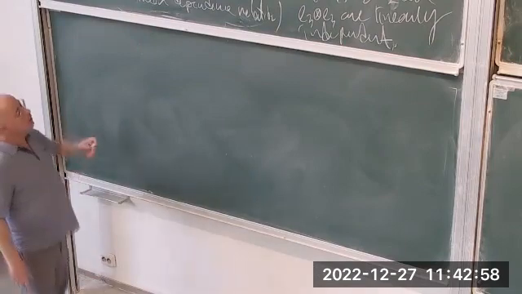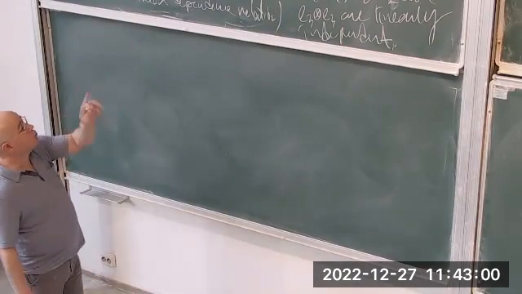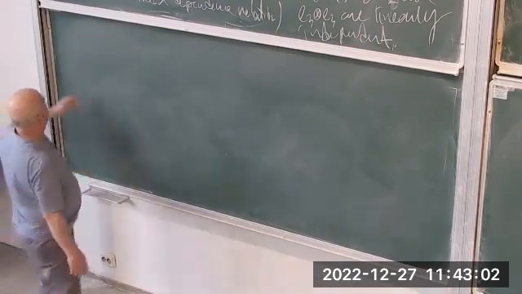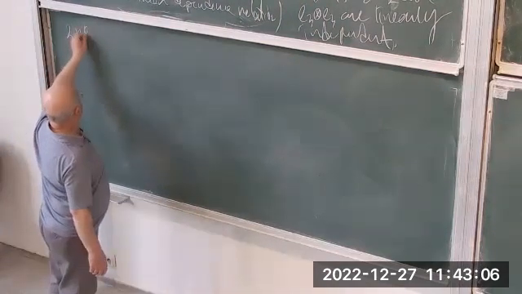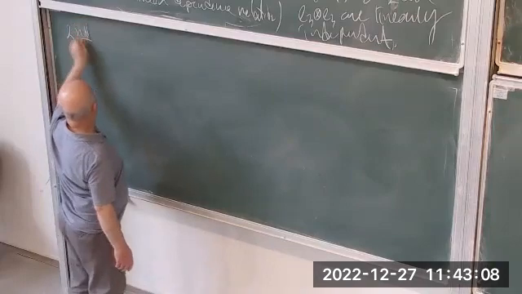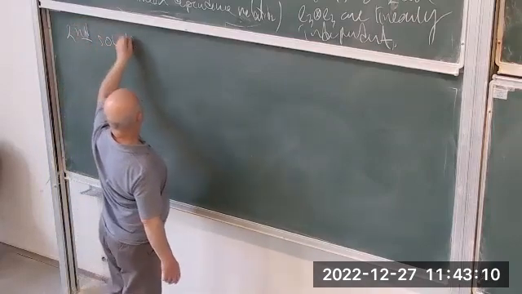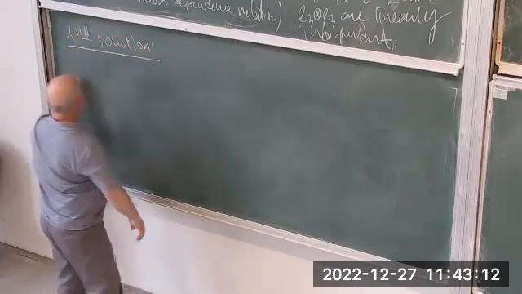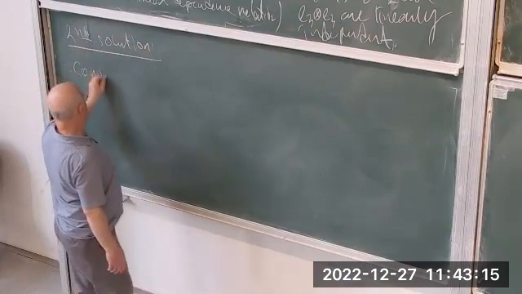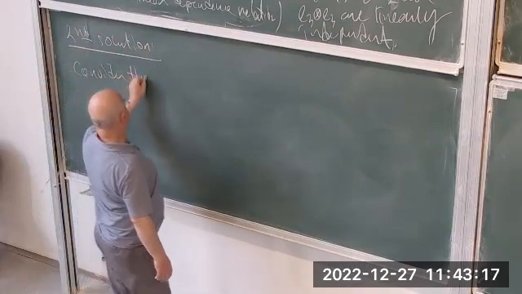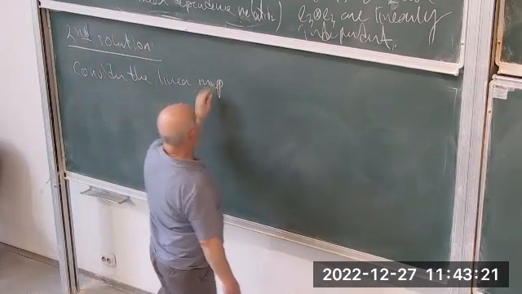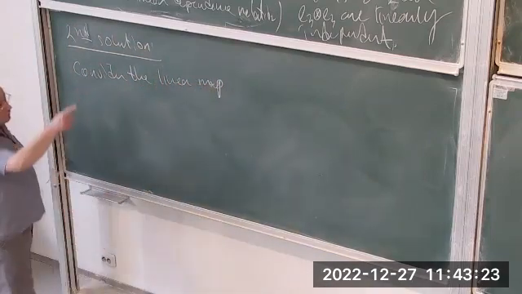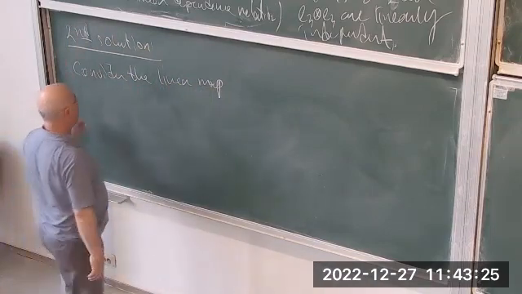Actually, the argument is the one which is used to show that this is the basis. Second solution. Consider the linear map. I use this map to prove that this is the basis also.